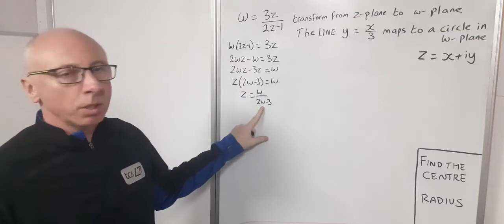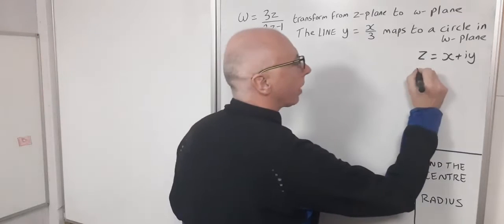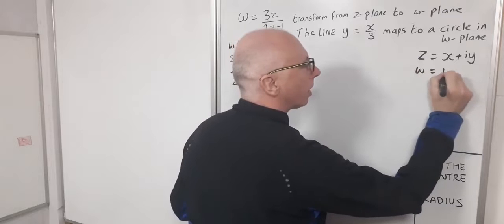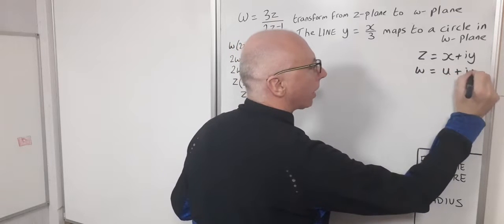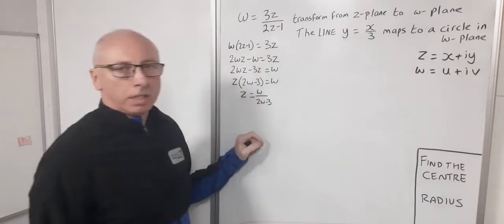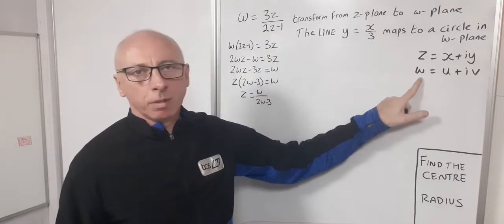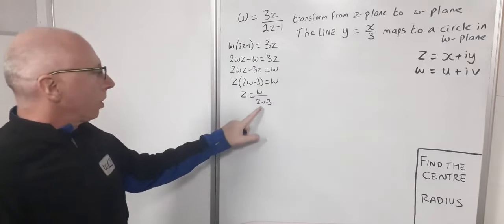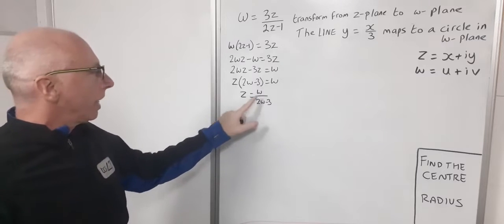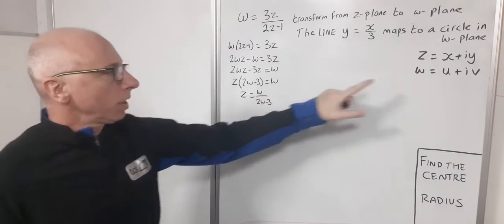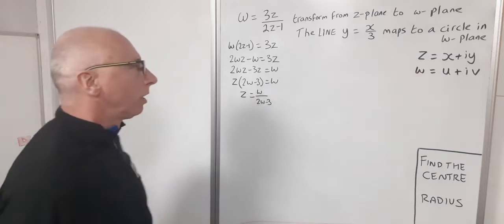And then let's do w similarly, but using different variables, as obviously it's a different number. So we use u plus iv, where u is the real part of w and v is the imaginary part of w.